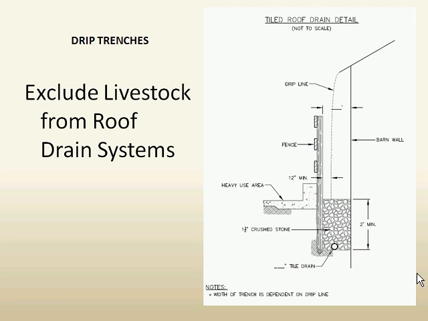And another important point is if livestock have access to the area where this gravel drain might be, you want to exclude the livestock, because one of the purposes of capturing roof runoff is to keep the clean water clean. So here's a schematic showing putting up a fence and a curb to keep water from a production area away from this gravel drain that you've installed.